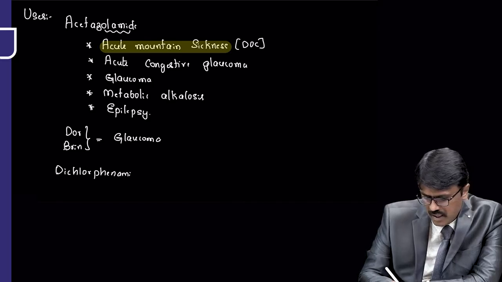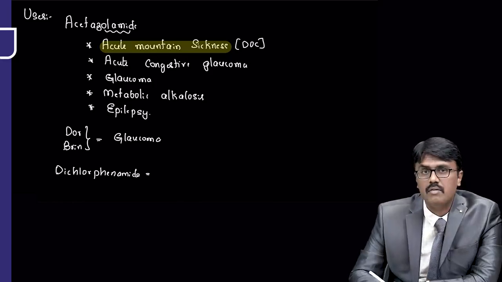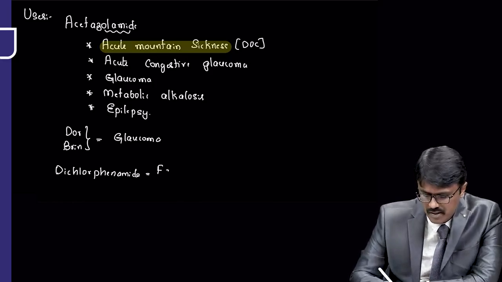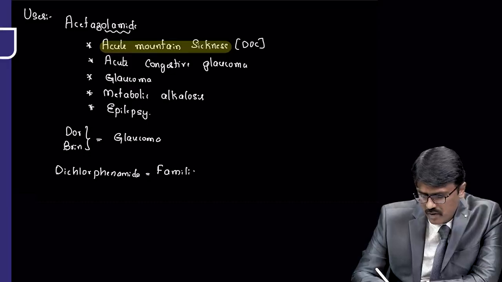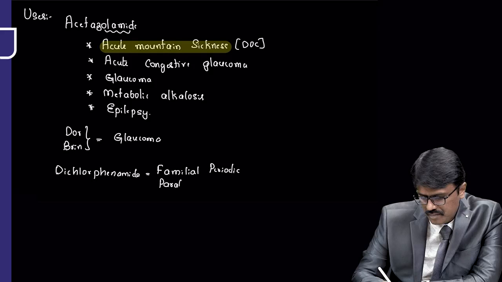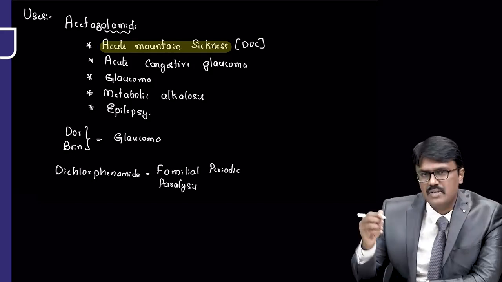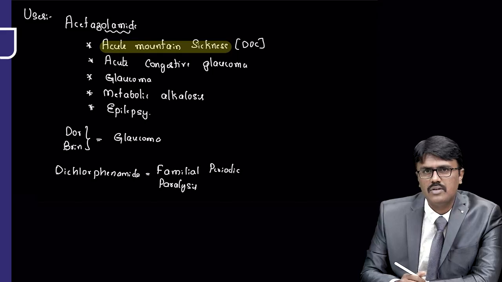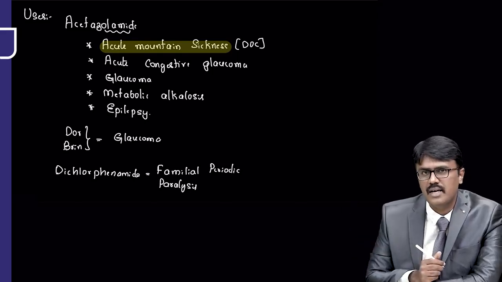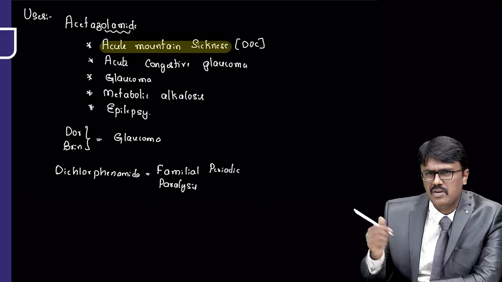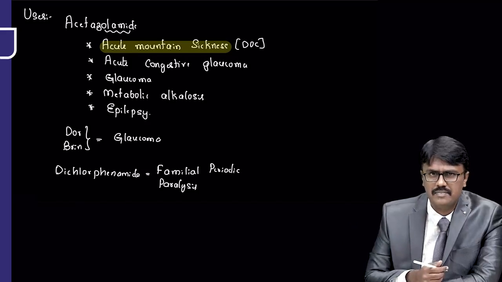The name is dichlorphenamide and we use it in familial periodic paralysis. They are shown to be effective in familial periodic paralysis. So if you see the uses of carbonic anhydrase inhibitors, nowhere we are seeing the use as edema or hypertension because these are very mild diuretics.